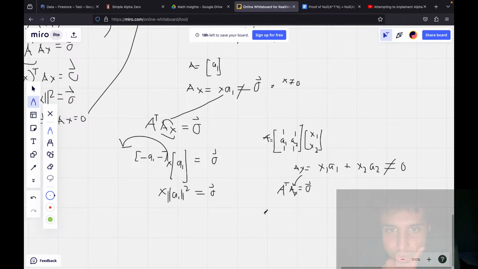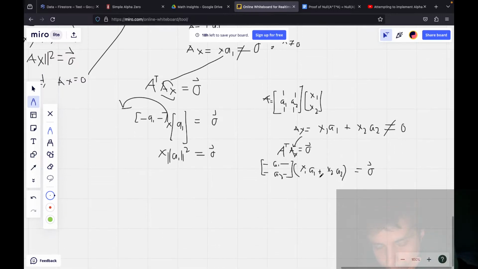So again, A^T in this case is going to be a1, a2, and Ax is applied to x1 a1 plus x2 a2 equals 0. We want to contradict that.